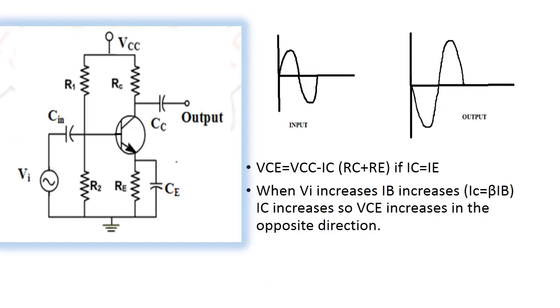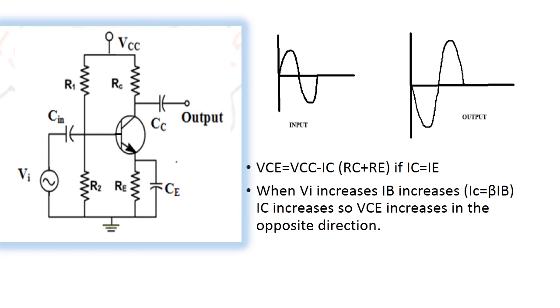The answer is here. We know that while considering the output side of this RC coupled amplifier, we can apply KVL in the output loop. So we will get an equation like this: VCE is equal to VCC minus IC into (RC plus RE), if IC is equal to IE.